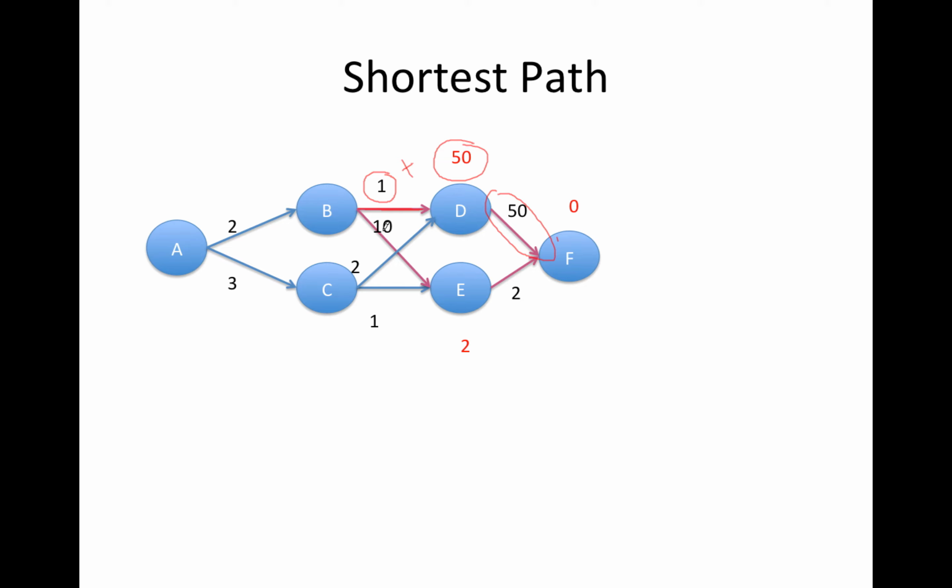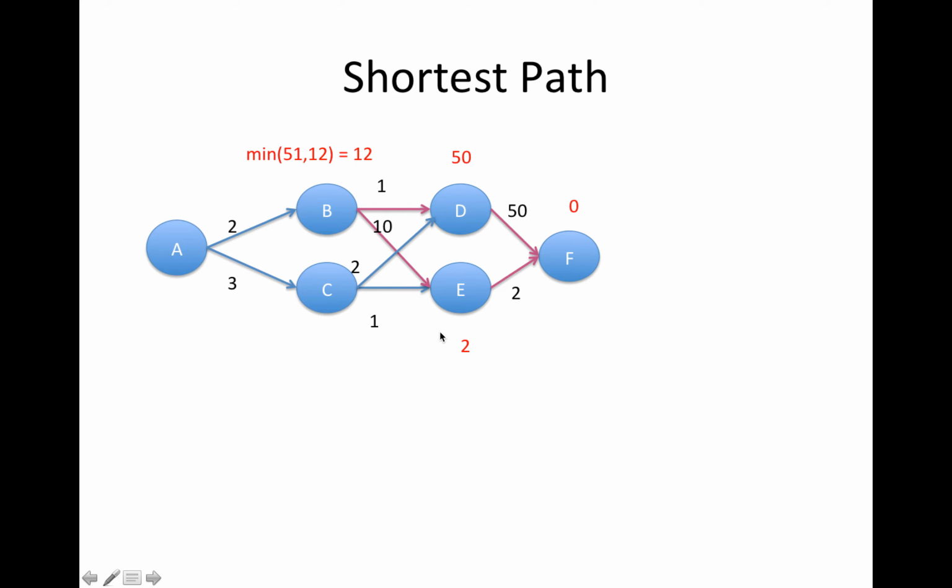Likewise, if I would like to go to F from B to E and E to F, I already know that the best way to go from E to F is 2. So the cost of going from B to F by going from B to E and E to F is 10 plus whatever is the best way to go from E to F, which is 2.